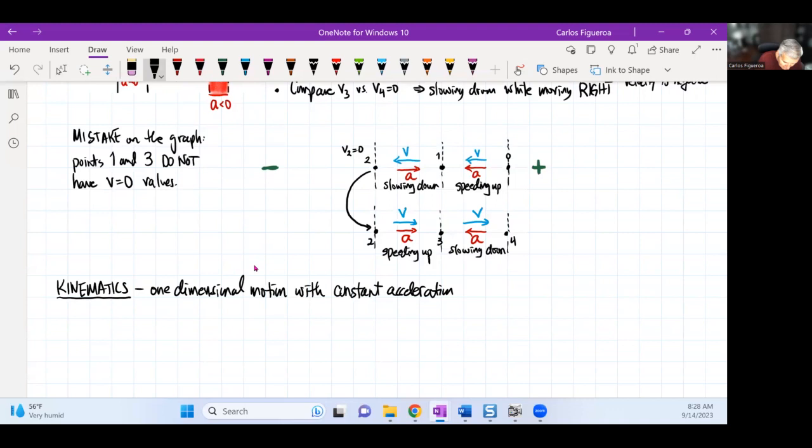And kinematics is the math. So when I look at the one-dimensional motion with constant acceleration, we are now looking at mathematically solving for the motion.